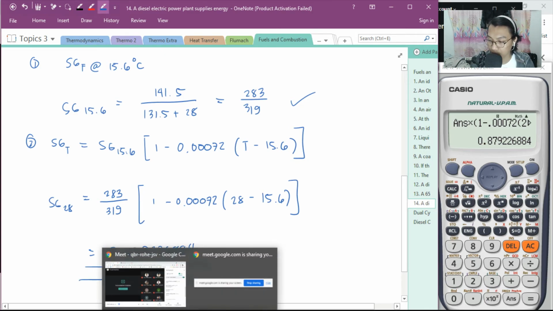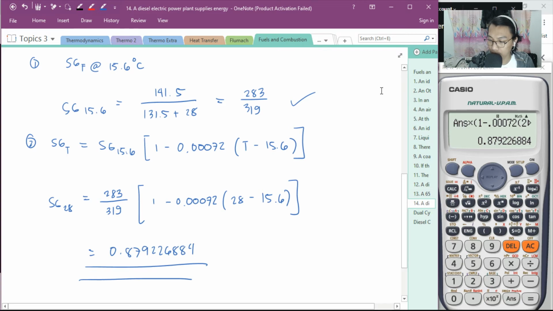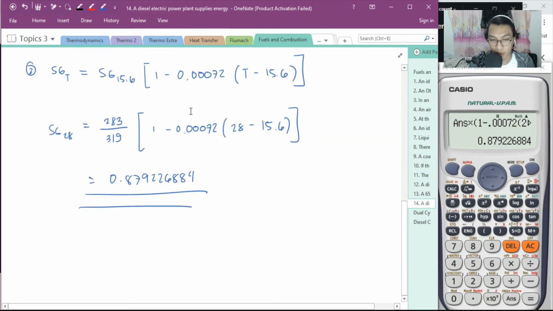And then, step 3, kunin mo yung mass of the fuel. Mass ng fuel, saan po ba manggagaling yan? Yung fuel consumption multiplied to the energy that is there.